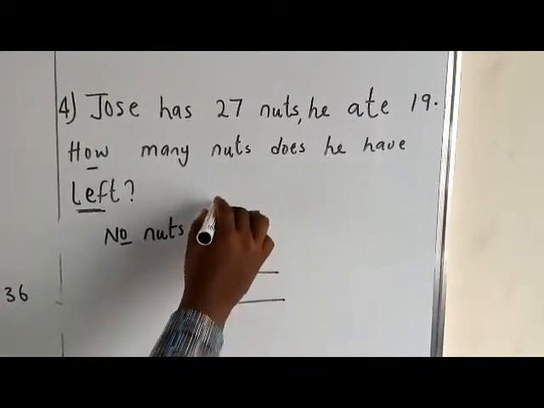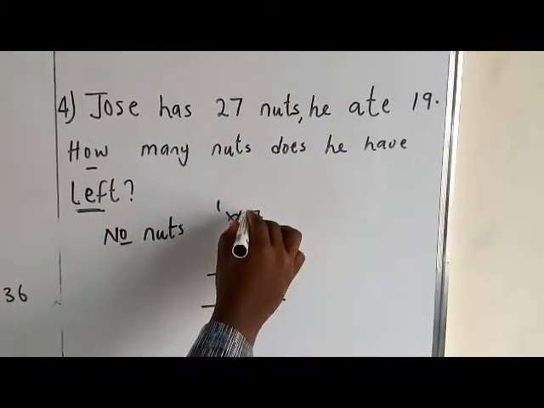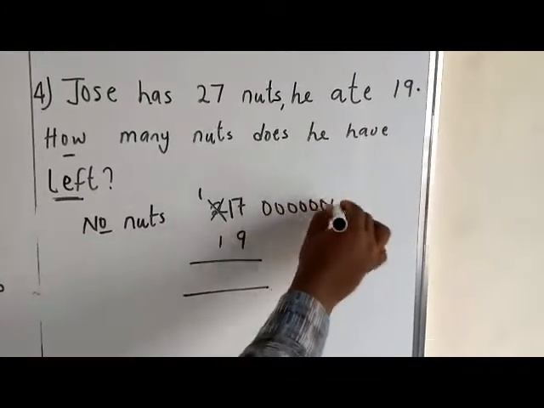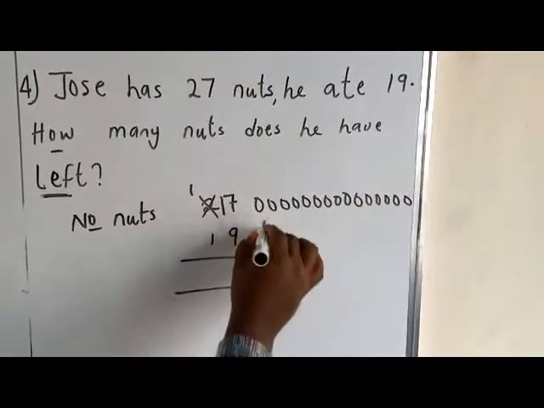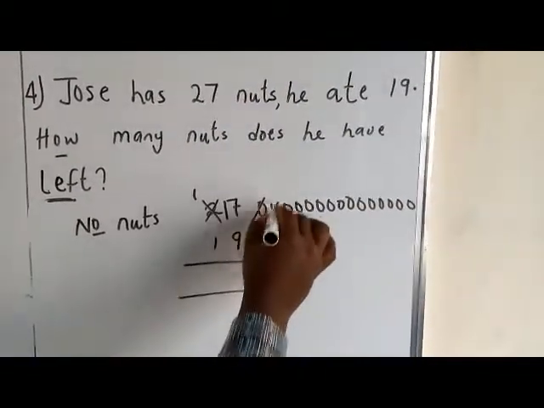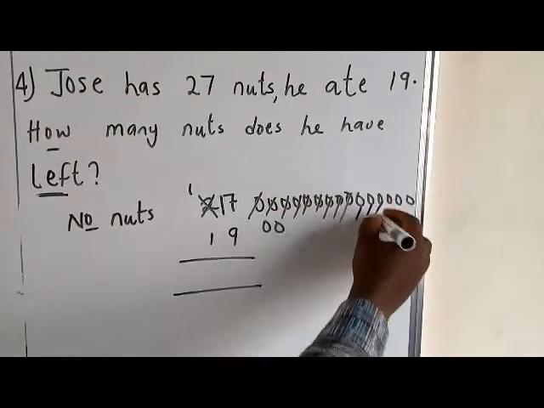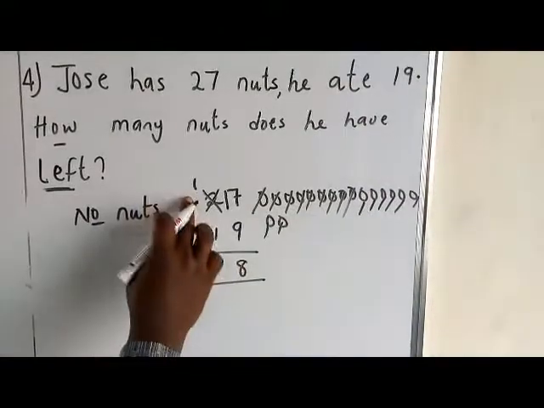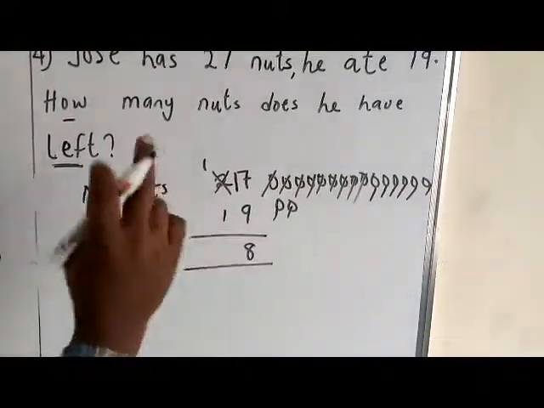Here becomes 1, and here becomes 17. 17 take away 9 is 8. Then 1 take away 1 is 0.